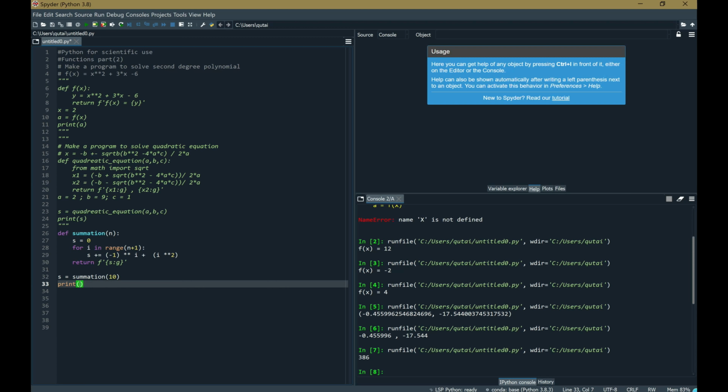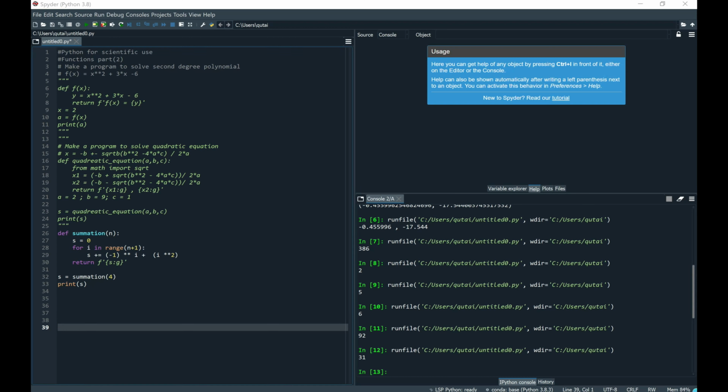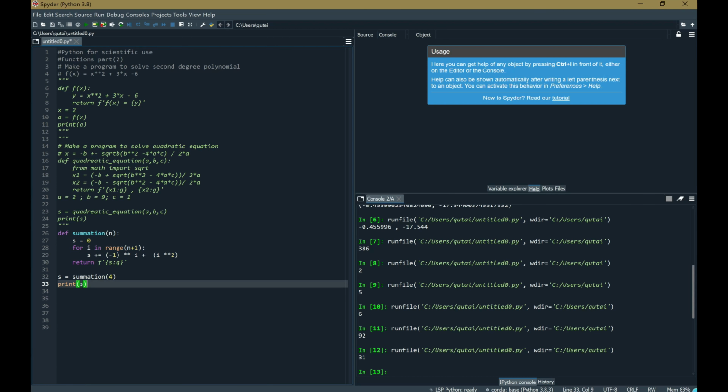But if we have 2 here, we hit run, we got 5. If we have 4, we got 31. If we have 6, we got 92. So here we used a for loop and summation at the same time inside our function.